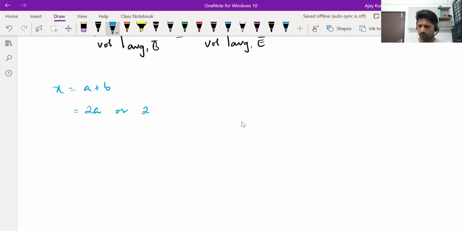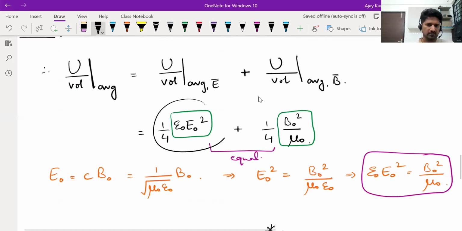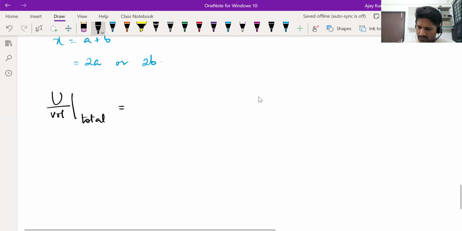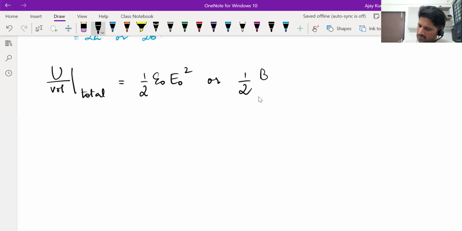You can also write it as 2b. The same thing can be done with energy density. Therefore, total energy per unit volume can be written as 2 times the first term. It will be half epsilon naught E naught square. You can also write it as half B naught square by mu naught.